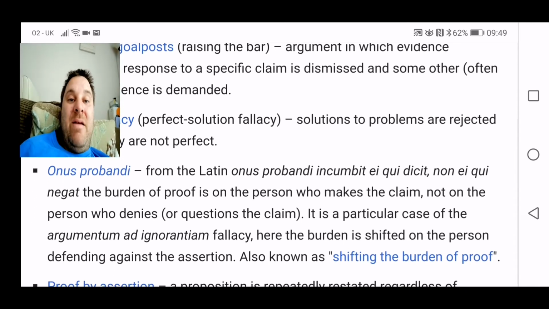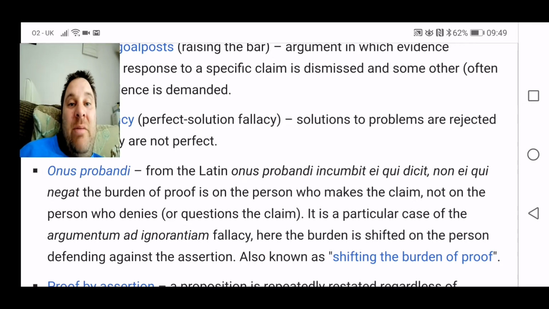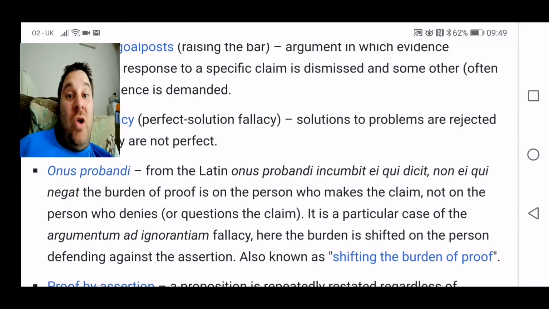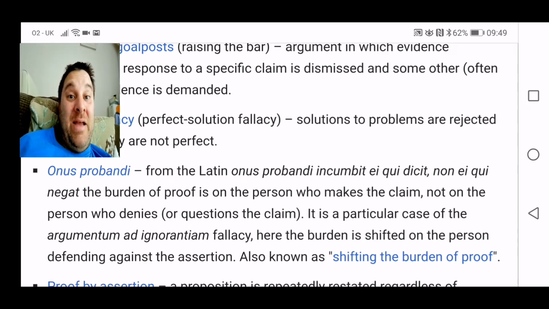Onus probandi, from the Latin onus probandi incumbit ei qui dicit, non ei qui negat. The burden of proof is on the person who makes the claim, not on the person who denies or questions the claim. I hope you're listening to this, trolls. The burden of proof is on the person who makes the claim, not on the person who denies or questions the claim.